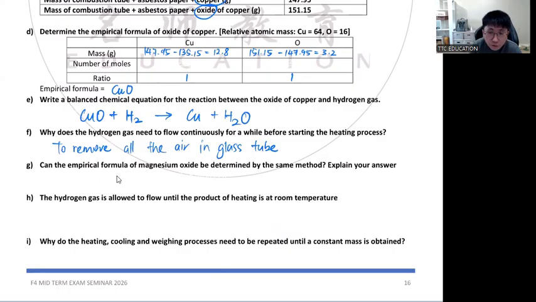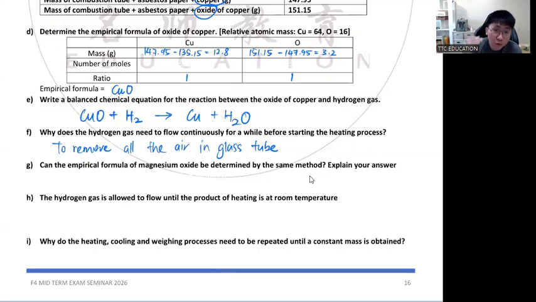Okay, can the empirical formula of magnesium oxide be determined with the same method? So guys, if you remember, Mg plus O2 becomes MgO. But this experiment uses H2 to snatch the O. So if you imagine you change CuO to MgO, can H2 still snatch the O from MgO? The answer is no, because based on what you learned in Form 2 and Form 3, we have the reactivity series of metals.